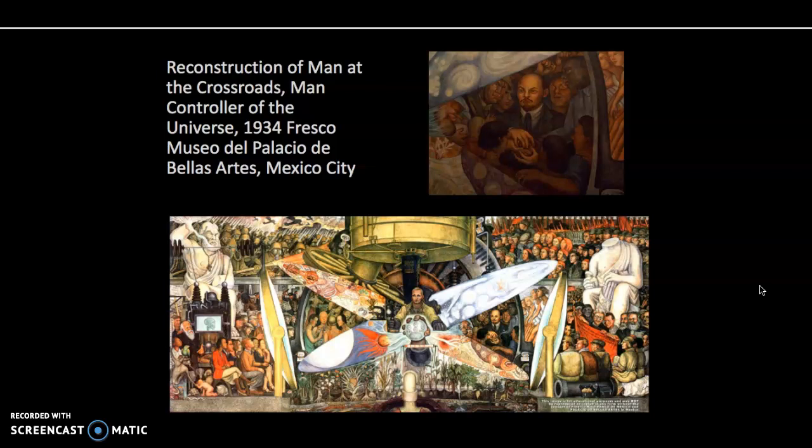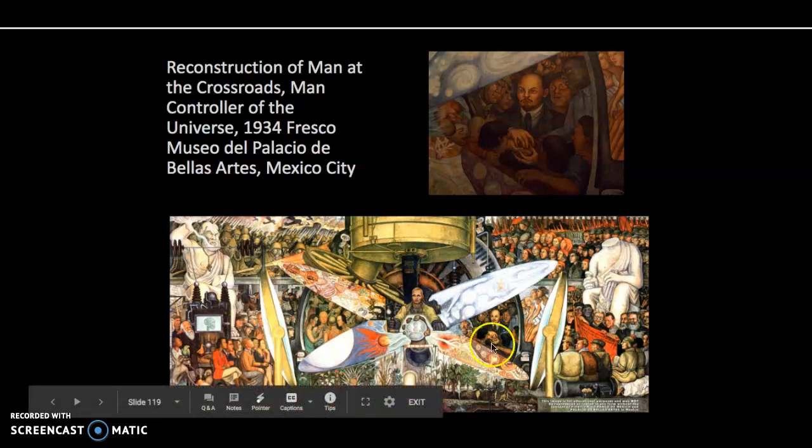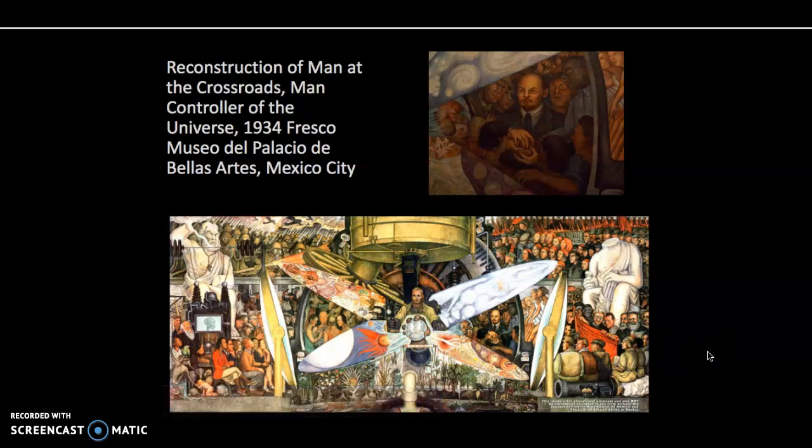Well, in the center, we see this male figure who's dressed in the clothes of the working class, the soldier, the farmer. And then the composition is divided on either side. So on the left, we see the chaos of capitalism. We have police beating workers with batons.